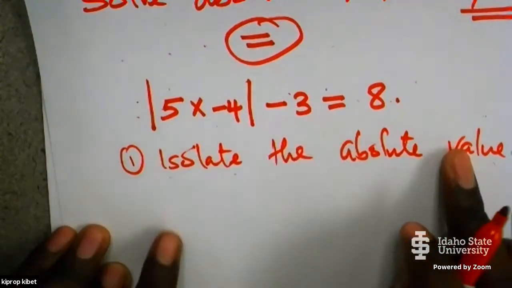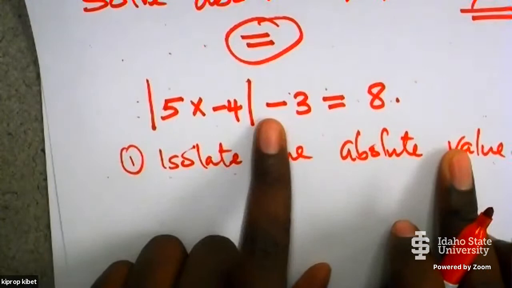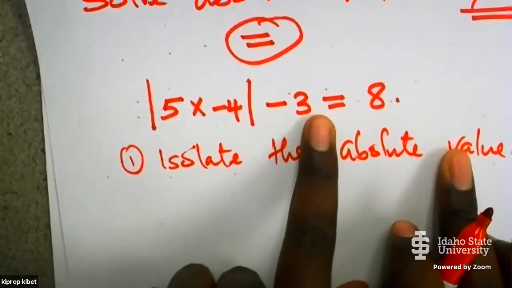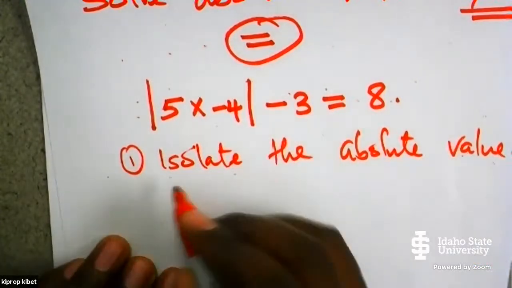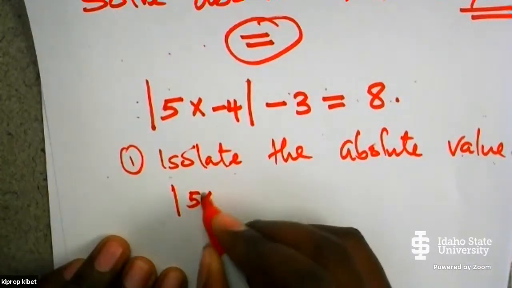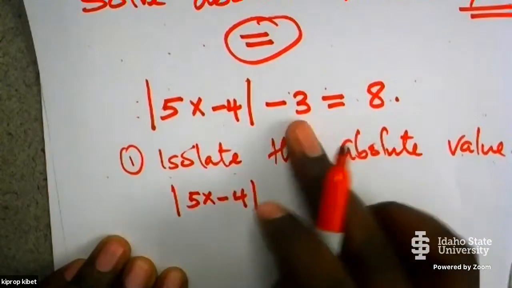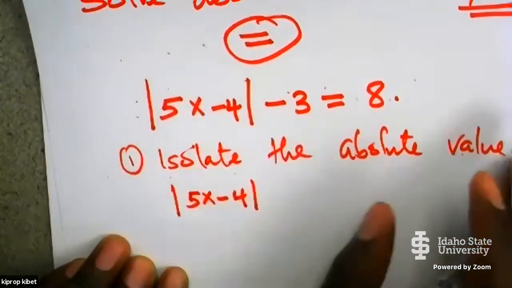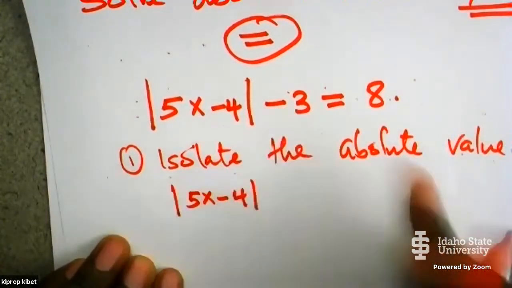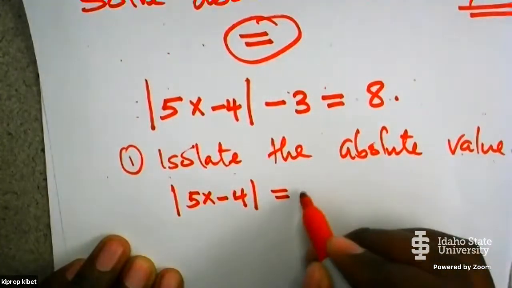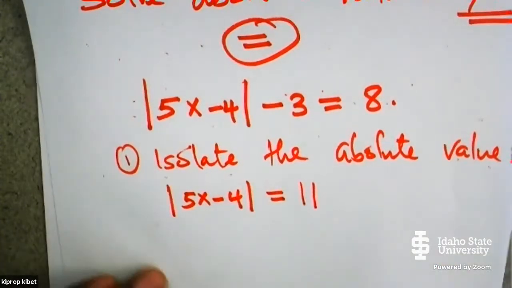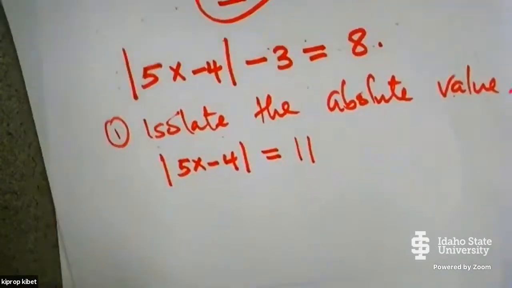So how should we isolate the absolute value here? We add 3. So what we get is the absolute value of 5x minus 4 equals 11.